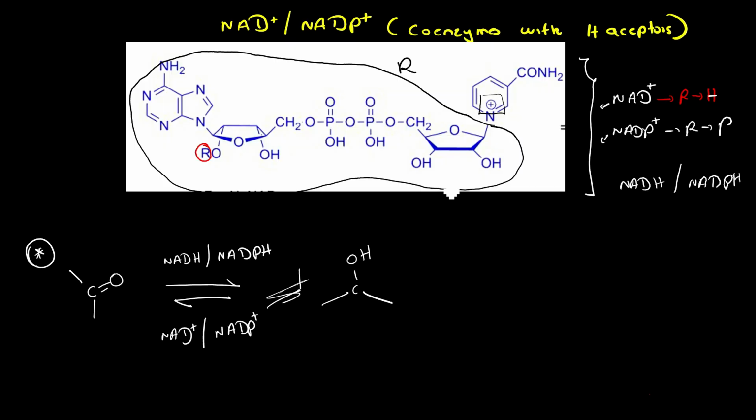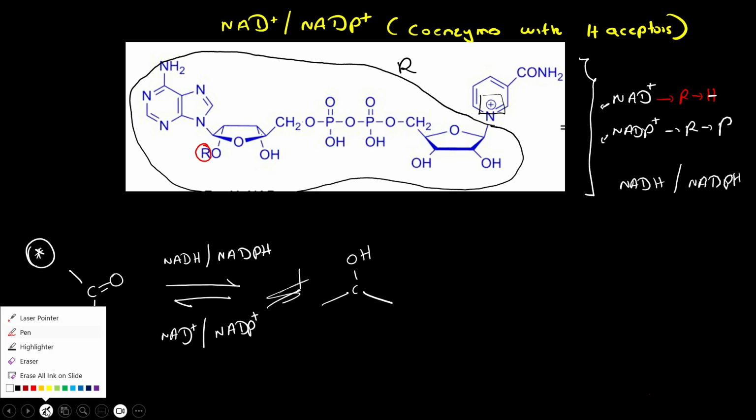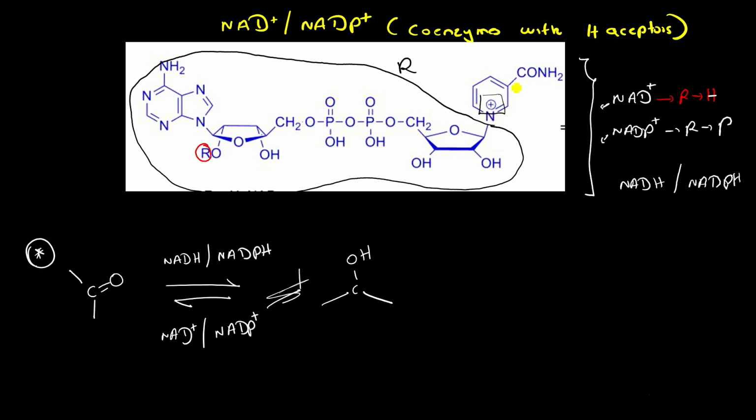Here we have the nitrogen on it, CONH2. I'm drawing this one. Here you have CONH2, and here you have this one, this one, and this one, and a plus charge.